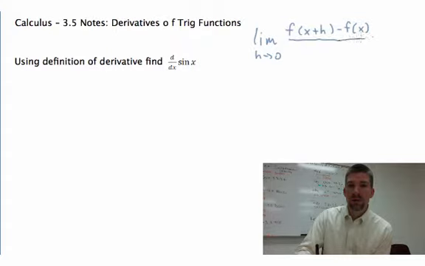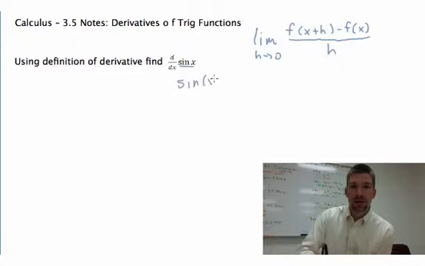Now, we're not going to have to do this every time, but I just want to use it this once to show us what's going on here. And so if we're looking at the sine of x, we're going to look at the sine of x plus h and the sine of x. Those are my two functions that I'm going to be working with.